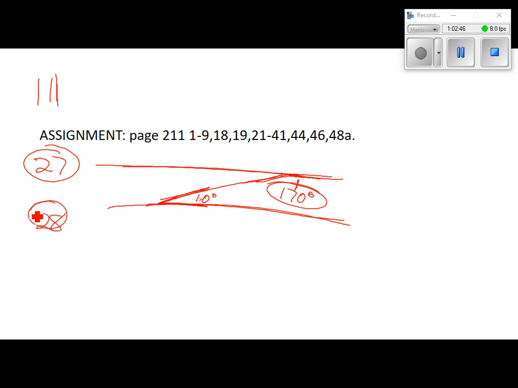7th Avenue runs perpendicular to 1st and 2nd Streets. What's perpendicular tell us? Perpendicular means they form right angles. Most roads intersect at 90 degrees.